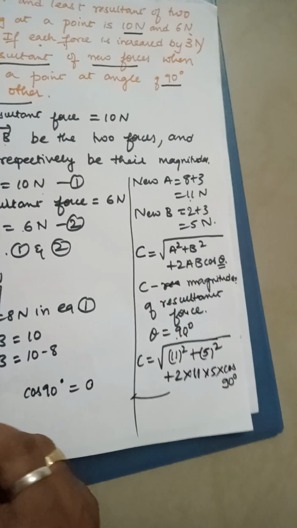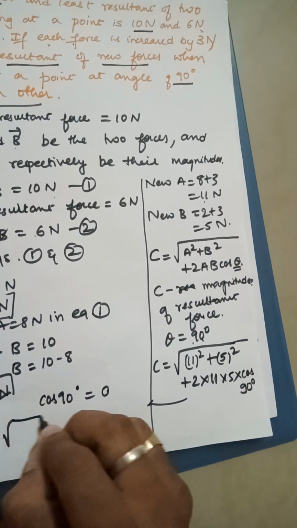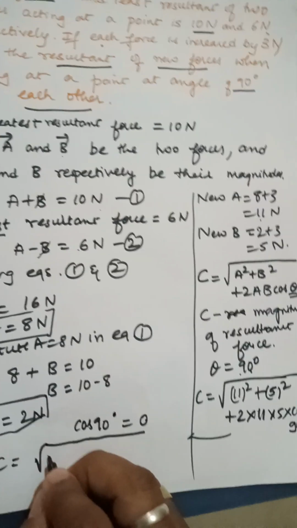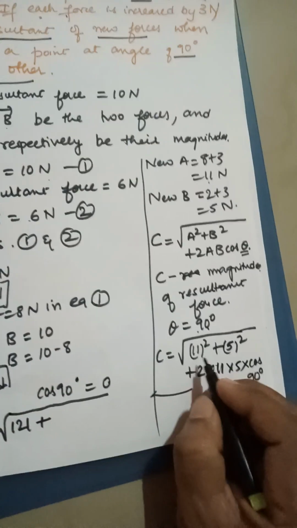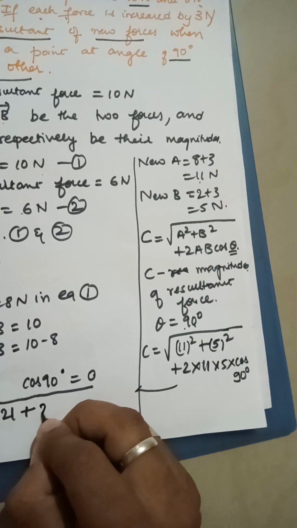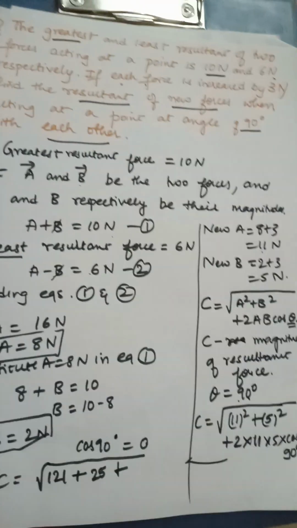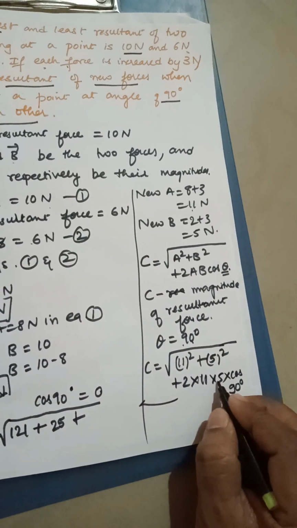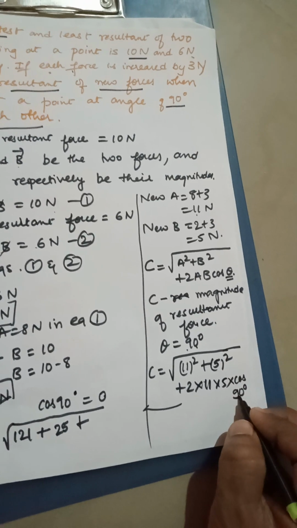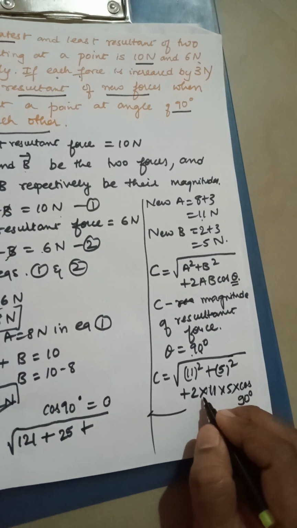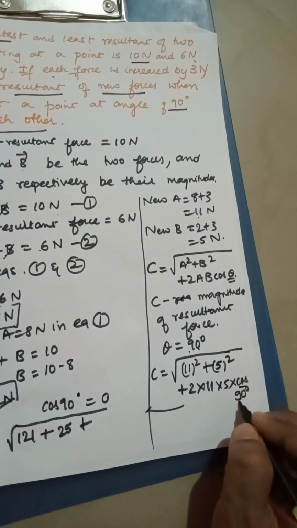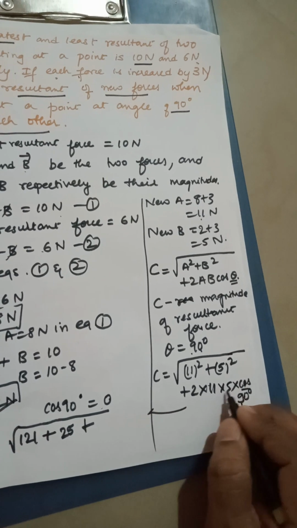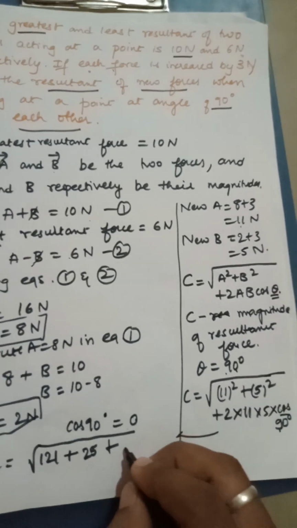So what happens to this? C will become square root of 11 square, which is 121, plus 5 square, that is 25, plus 2 into 11, 22, into 5 into cos 90. Cos 90 is 0, so a non-zero value into 0 will become 0.